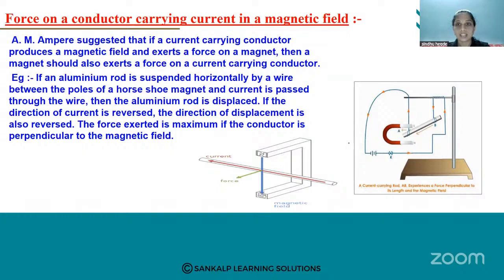You already studied this, right? So here is one more new concept, that is, force is also exerted at this time. When the current is flowing through a conductor, a magnetic field is generated and a force is exerted. Let us see how the force is generated when the current is flowing through a circuit.